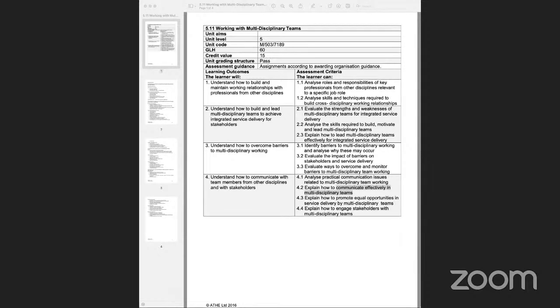In the second one, we went on to understand the strengths and weaknesses, and how leaders, managers and people in supervisory positions bring together a multidisciplinary team which has a common understanding of the goal. They are motivated and understand that this is the larger goal they have to achieve rather than working individually. And then how do teams perform?